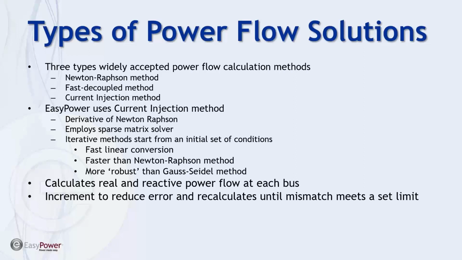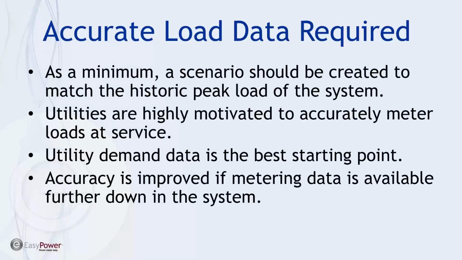You increment the voltages on each bus and you do that calculation again. So the idea is to minimize the errors and converge on a point in that solution where the incoming power equals the outgoing power plus the load, plus the loss at that particular bus.